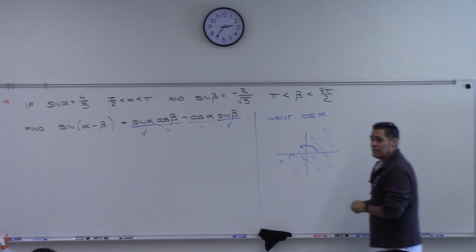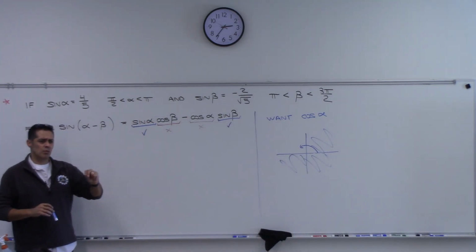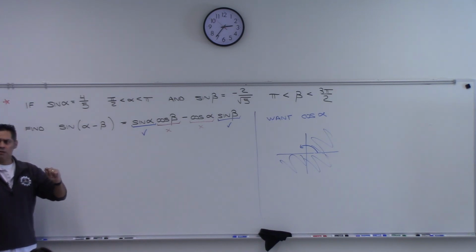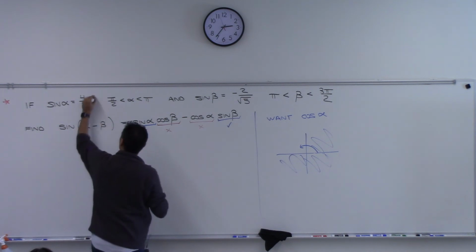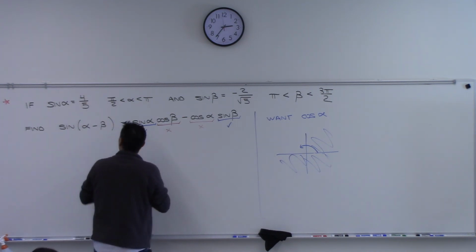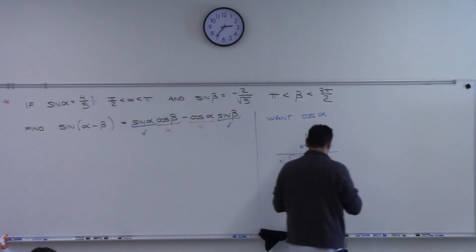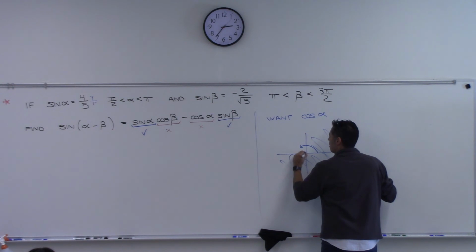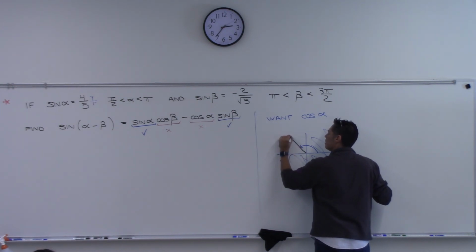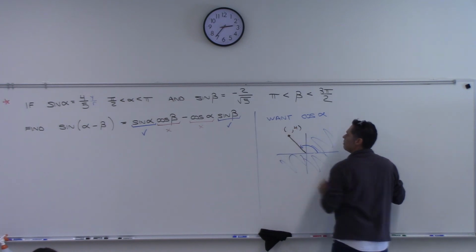Now, sine, by definition, is which coordinate over which coordinate? Y over r, right? So this is y over r. This is my y coordinate over my radius. So if I draw what the angle alpha looks like over here, I know that the y coordinate is 4, right?